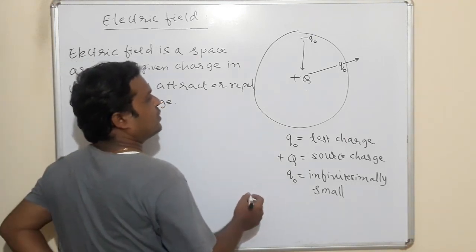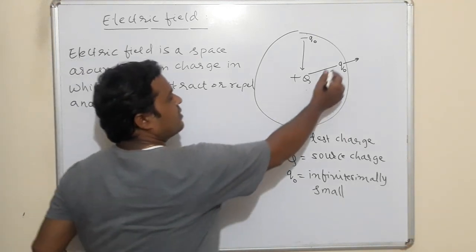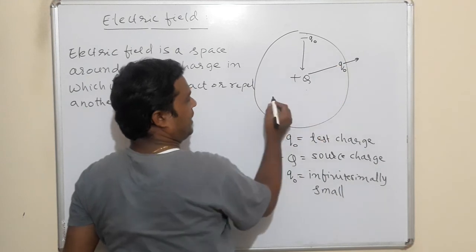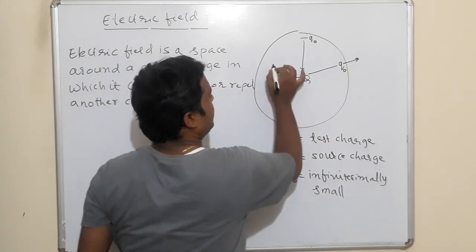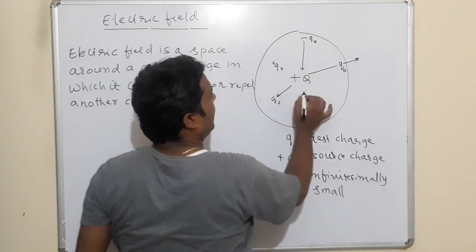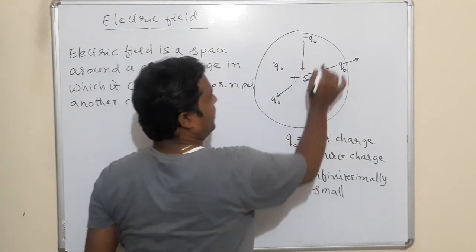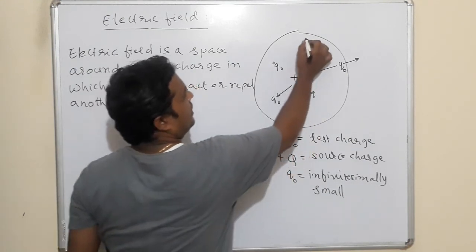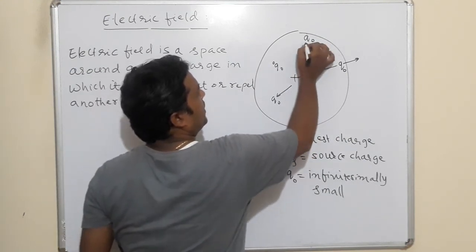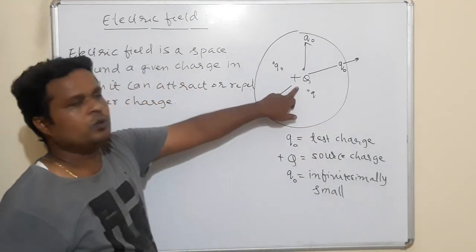Suppose to test how much force this test charge will experience, I will place this test charge at different points here. I will place it here, here, and here. Anywhere this positive test charge is placed, it is going to experience a repulsive force from the source charge.